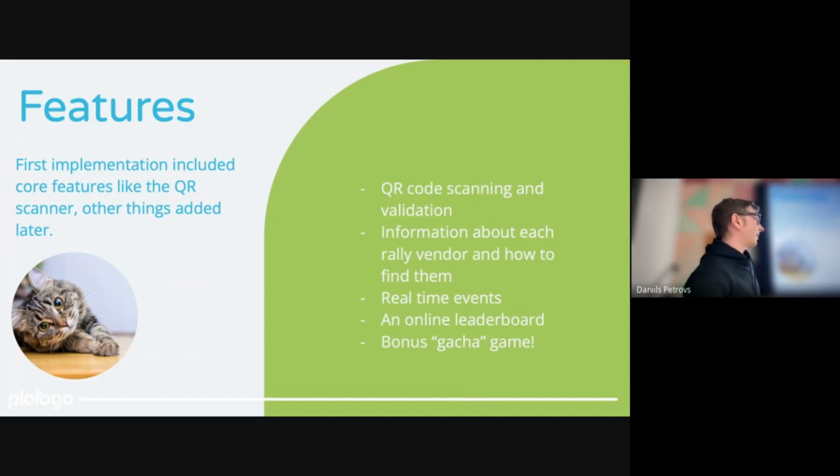And I also thought, since we have an app, why not add real-time events? Like what sort of real-time events? So let's say someone finds a stamp and they scan it. It would be cool if everyone else who's participating in the stamp rally also sees that someone found a stamp, in real time. Then I thought, since we're adding these online features, let's make a leaderboard.